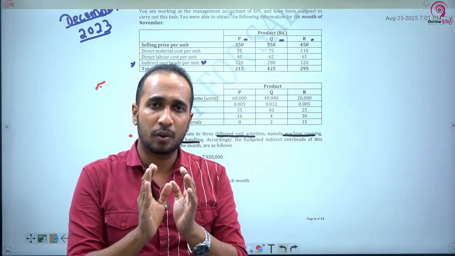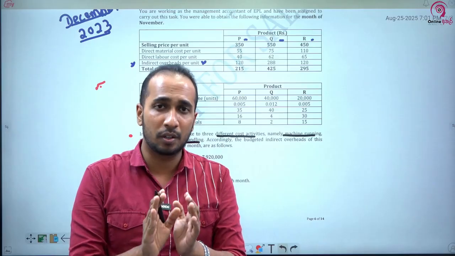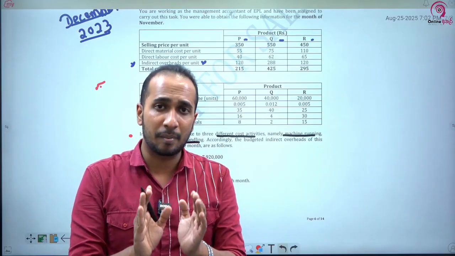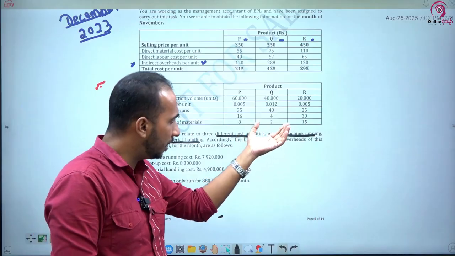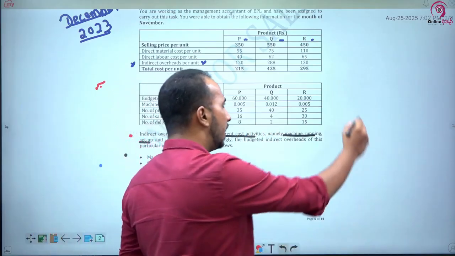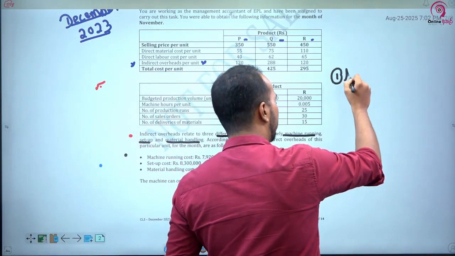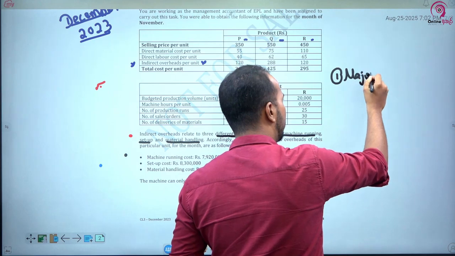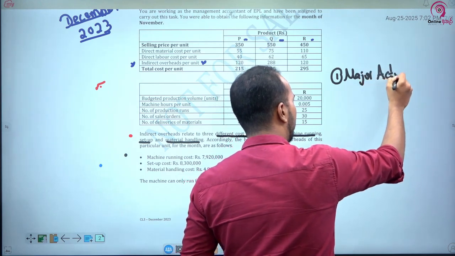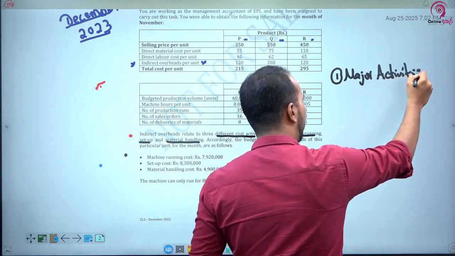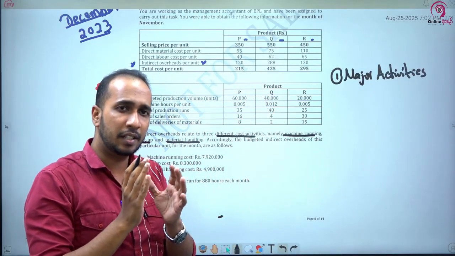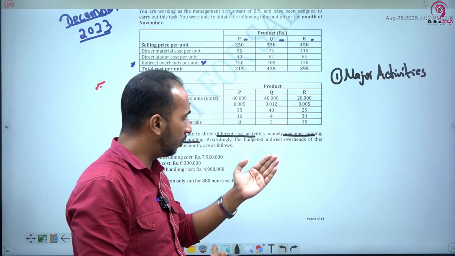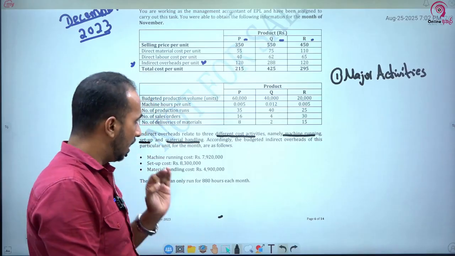We don't want to identify the major activities because the examiner has done it for us. So the first step, major activities, is done. There are 3 activities.